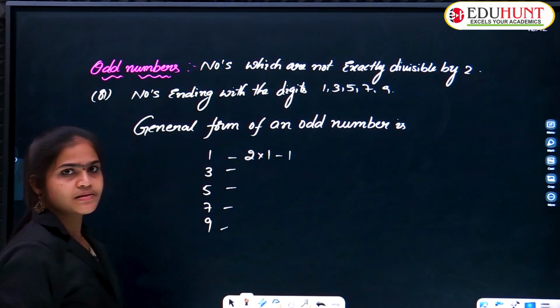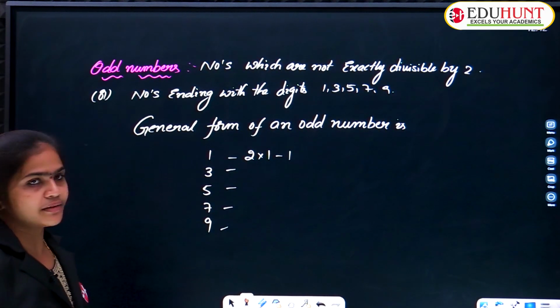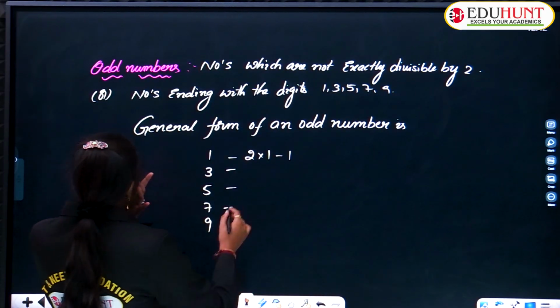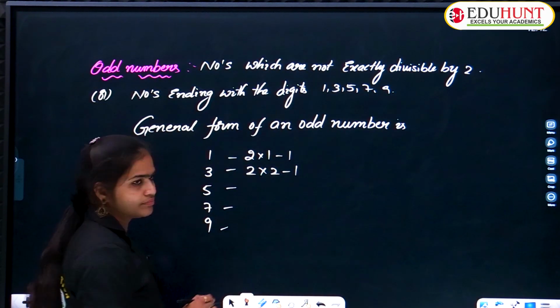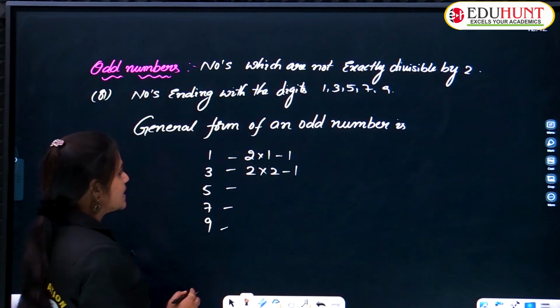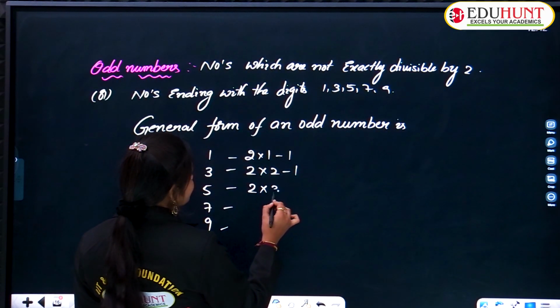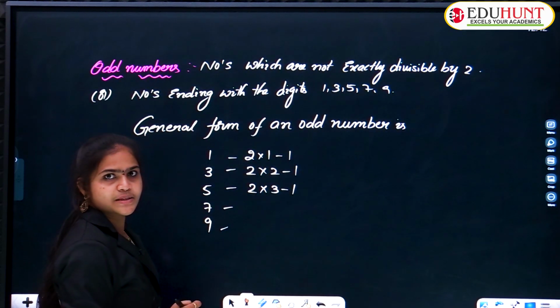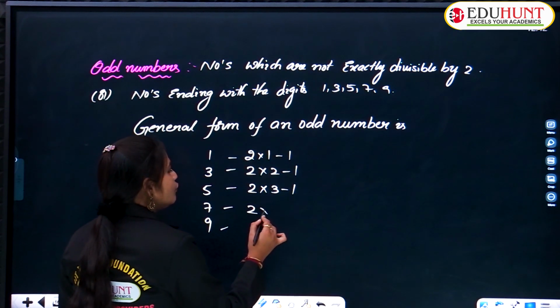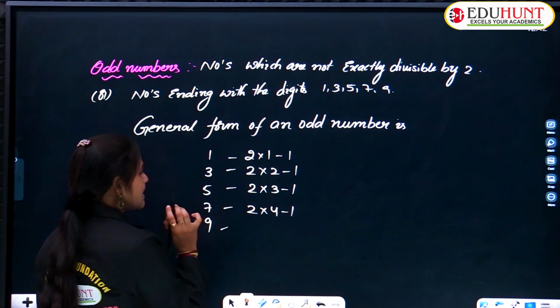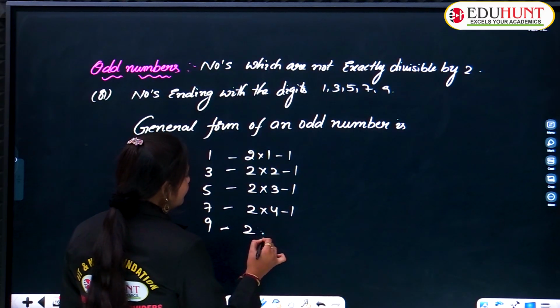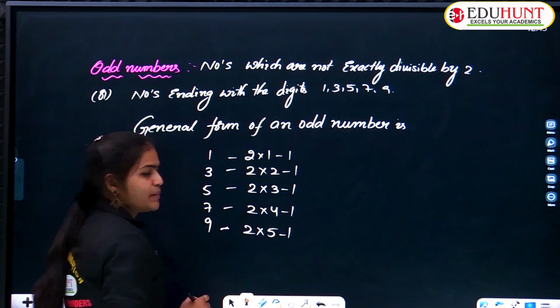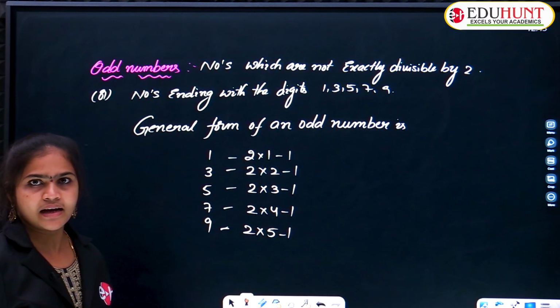Shall we write like this? 2 ones 2 minus 1. In the same way, 2 twos 4 minus 1 is 3. 2 threes 6 minus 1, 5. 2 fours 8 minus 1, 7. 2 fives 10 minus 1, 9. Understood?